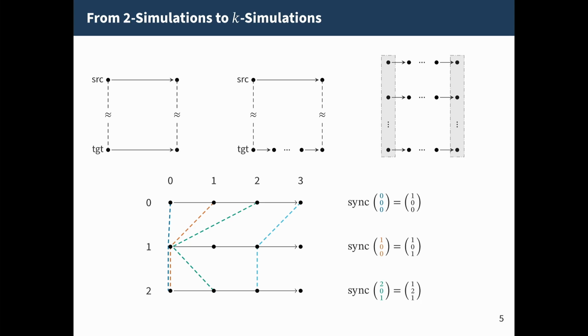And what are the conditions for that to work? So we use some kind of sync function, which basically takes a position, which is just how much progress we made on every trace. So this is noted by this vector, and says, okay, this is how far we are going on every trace.